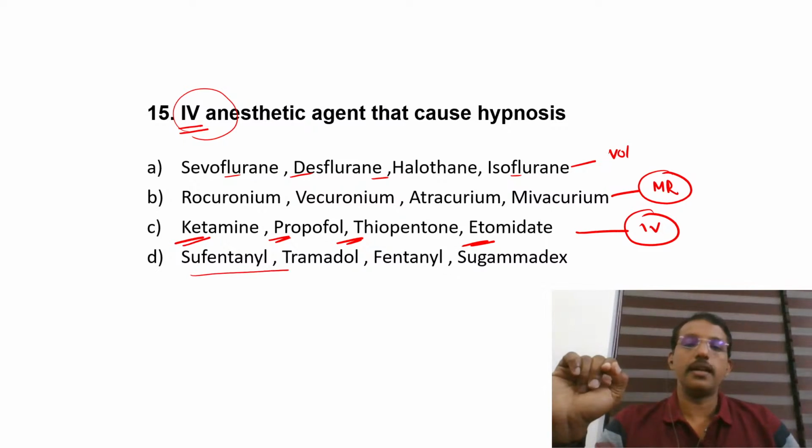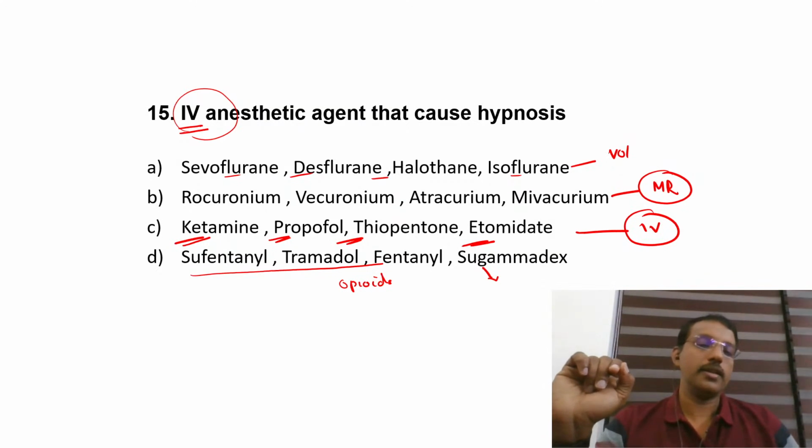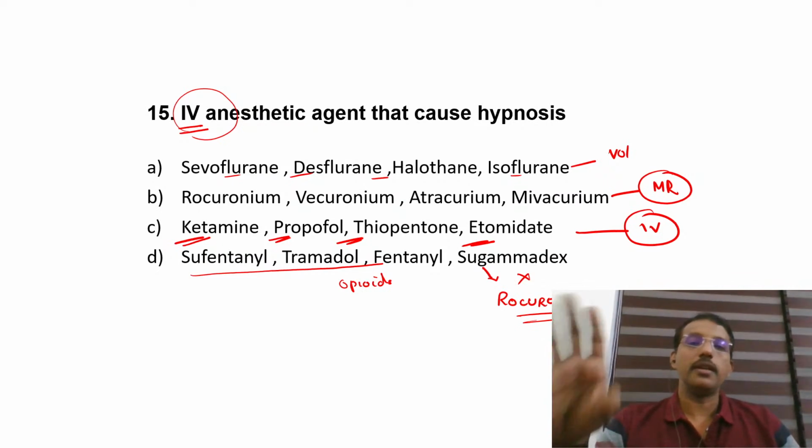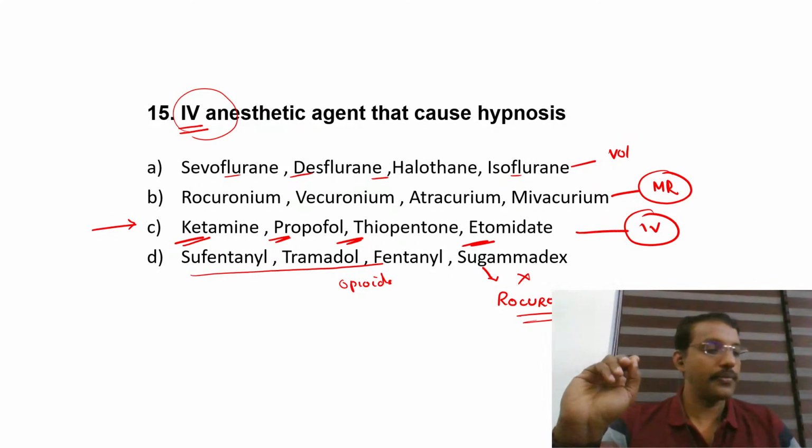While these three are opioids, and sugammadex is a gamma cyclodextrin, which is actually an antidote of rocuronium. So remember this. The question is very simple. IV anesthetic agents that cause hypnosis are all these. C. Answer is C.